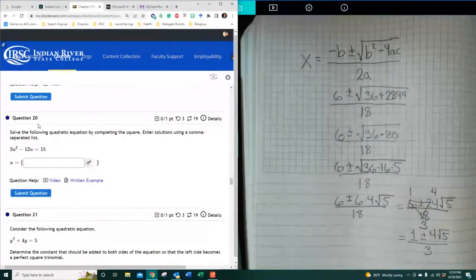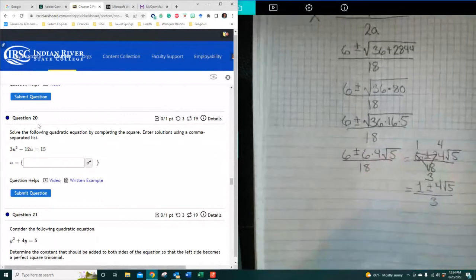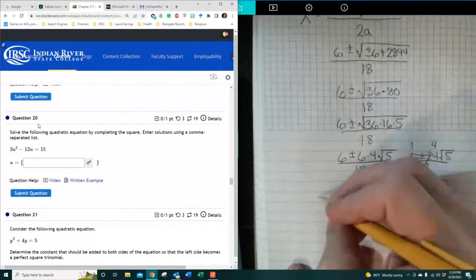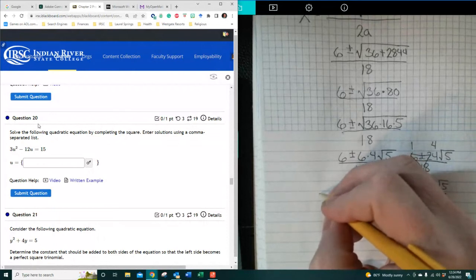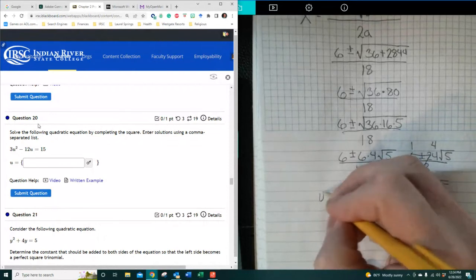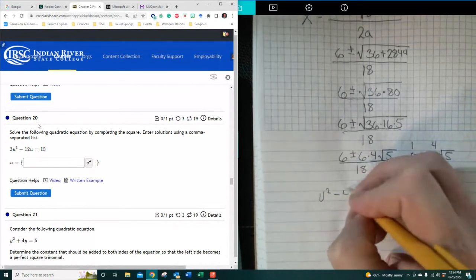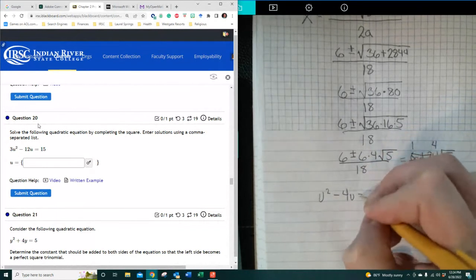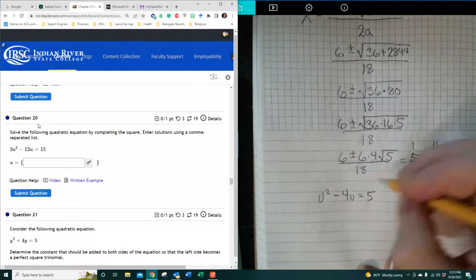Now it says complete this by using the completing the square method. Now let me show you how that works. First of all, everything here is divisible by 3. You'd have to agree. So what we're going to do is divide everything by 3 and get the following.